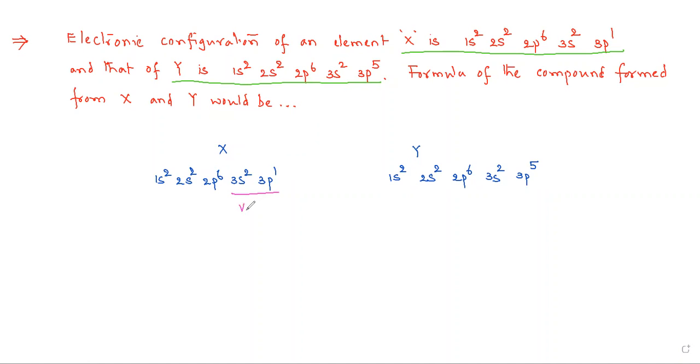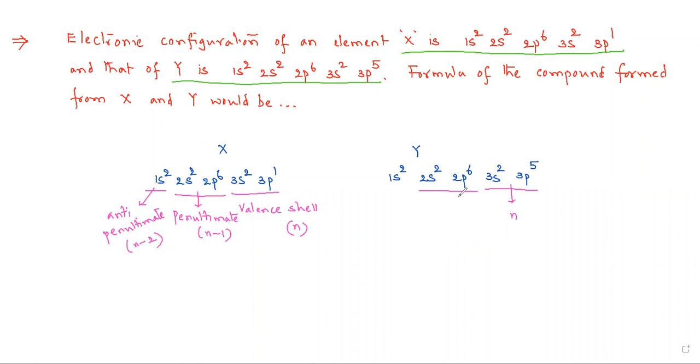This is the valence shell, nothing but N. Now this is your penultimate shell, and finally, this is the anti-penultimate shell. This is N-1, and this, of course, is N-2. Here this is your N, I mean the valence shell. This is N-1, and this is N-2.